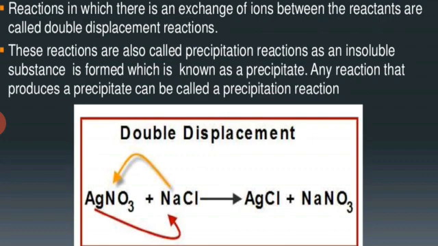In such type of reactions, an insoluble substance is formed, which is called a precipitate. So, these kinds of reactions are also called precipitation reactions. Precipitation, because a precipitate is formed. A precipitate is nothing but an insoluble substance formed when we are reacting two compounds together.